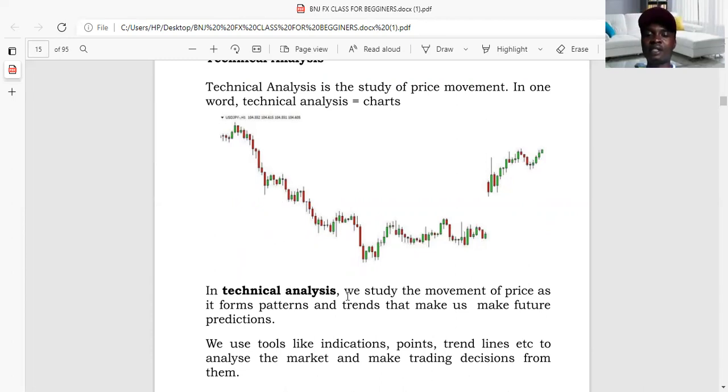So in technical analysis, we study the movement of the price as it forms patterns and trends that make us make future predictions. So it is the happening in the past that makes us take decisions in the present. That is what happens when you are trading boom and crash. You use the past to judge the present and predict the future.